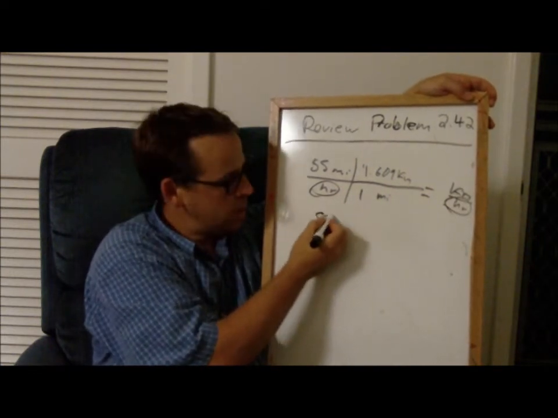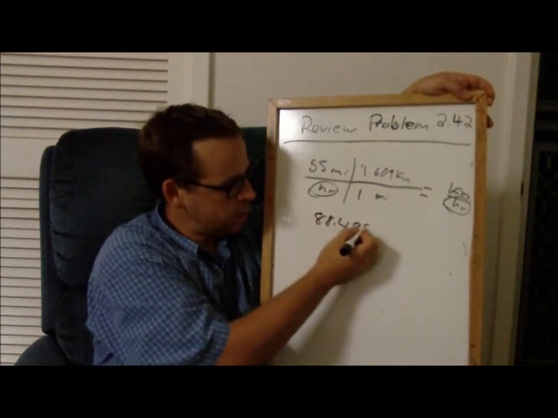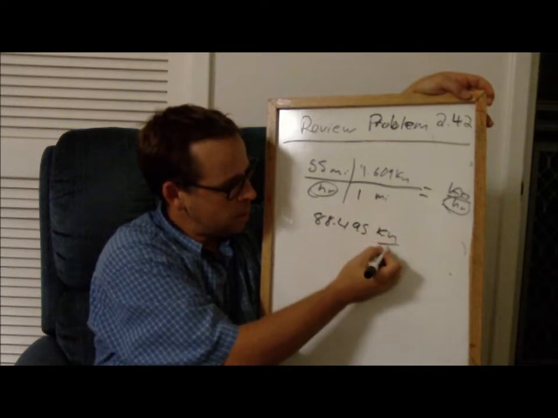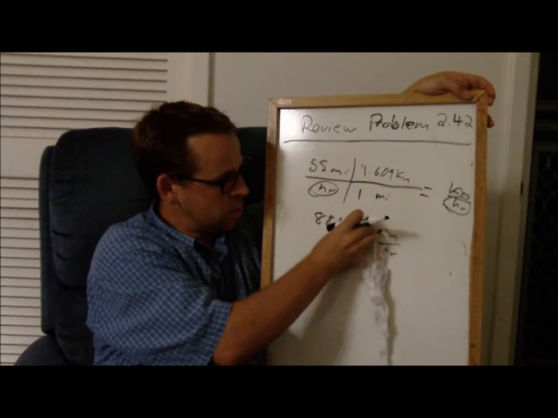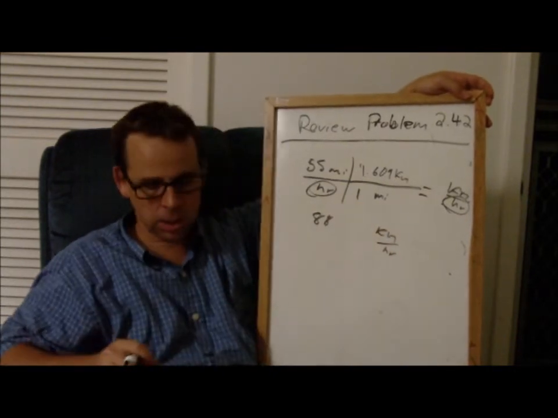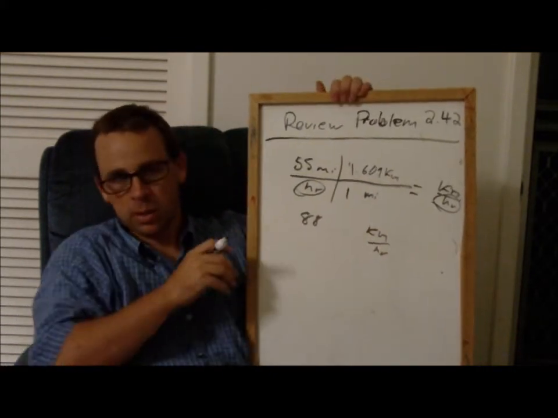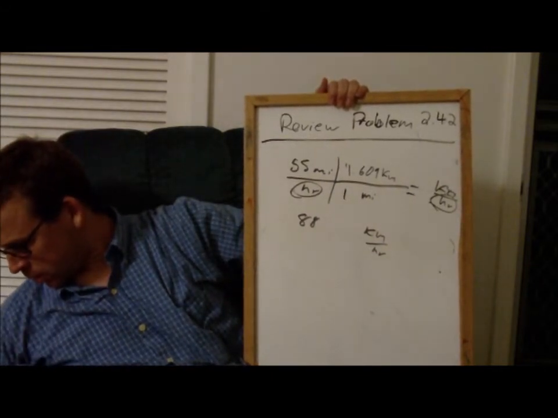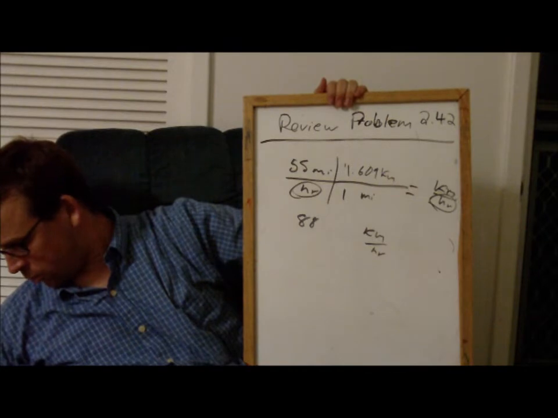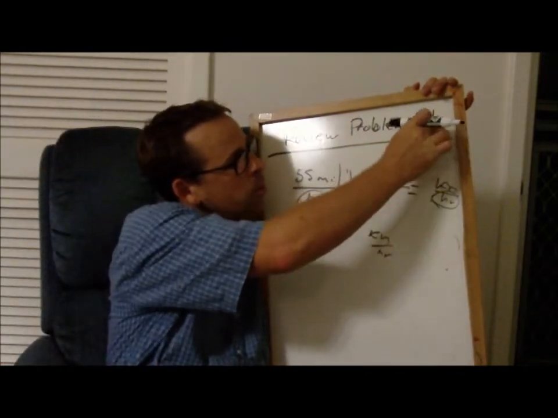So the answer is 88.495 kilometers per hour. We started off with 2 significant figures, so this answer is only going to have 2 significant figures, 88 kilometers per hour. Okay? Alright. Now we're on to 244. Number 244.